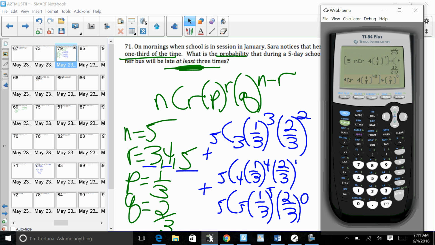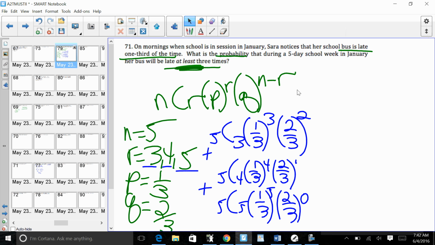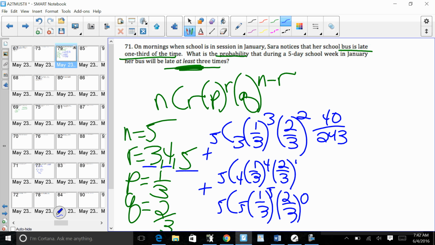This is going to be a 5. This is going to be a 5. So I have 1 over 243, 10 over 243. I got 40 over 243. I've got 10 over 243. I've got 1 over 243.